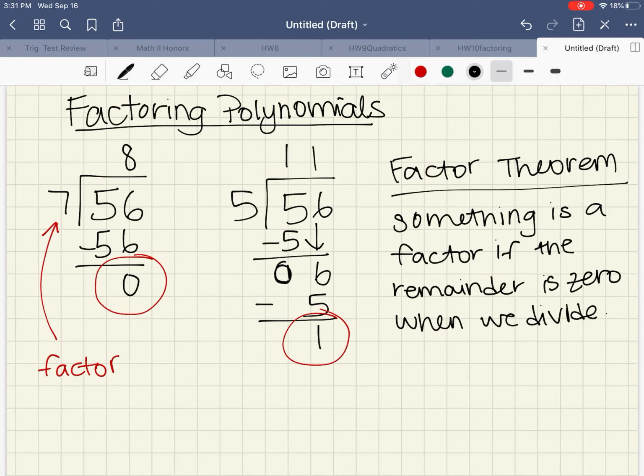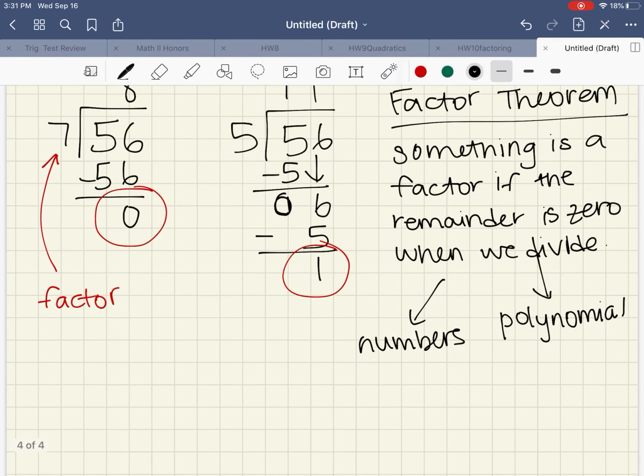This applies to numbers, but it also applies to polynomials, because we can do the same thing with division of polynomials, just with synthetic division.